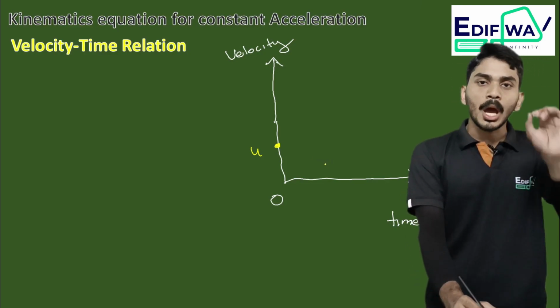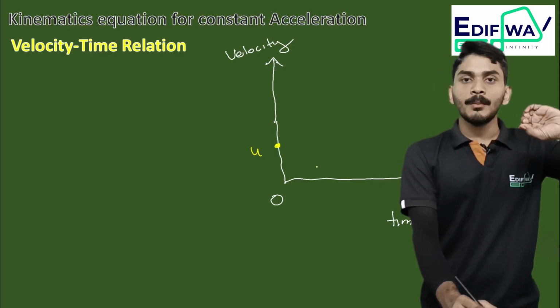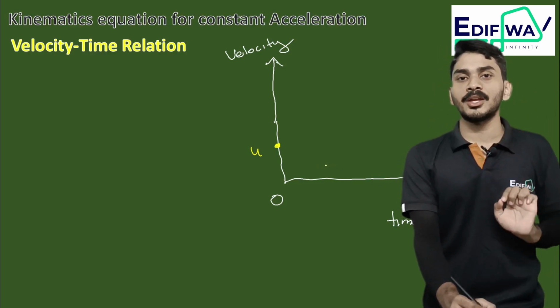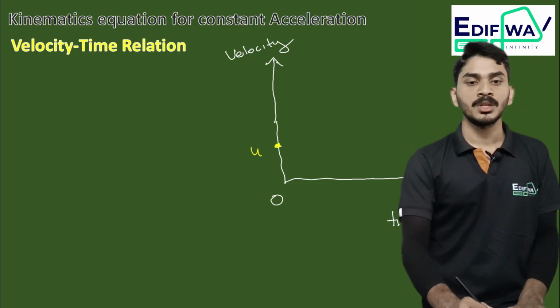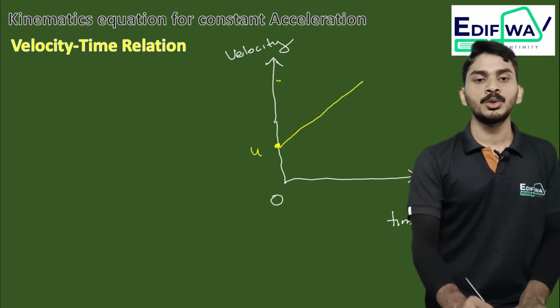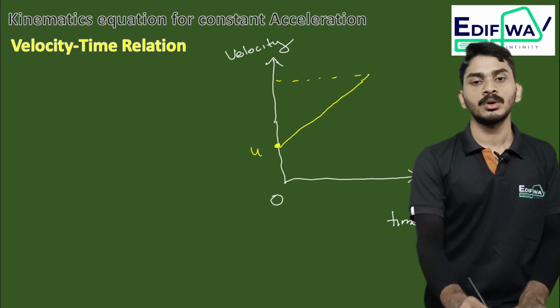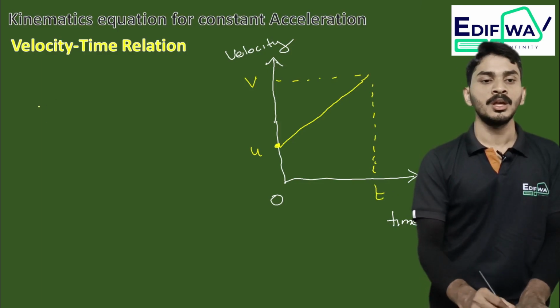Now within a time t, the body makes some acceleration and reaches a velocity v. The body's velocity increases to a value v within time t. Clear? So this is the case.